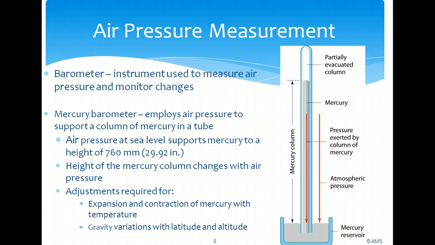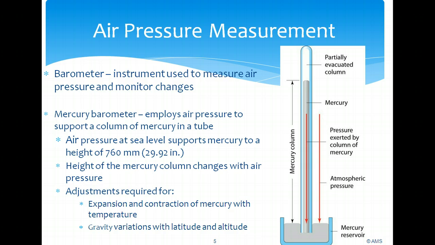And here's a look at a typical barometer known as a mercury barometer, which was actually designed in 1643 by Torricelli. We know from past experience and experiments that the average air pressure at sea level will support a mercury column in the tube to a height of about 760 millimeters, which is about 29.92 inches.